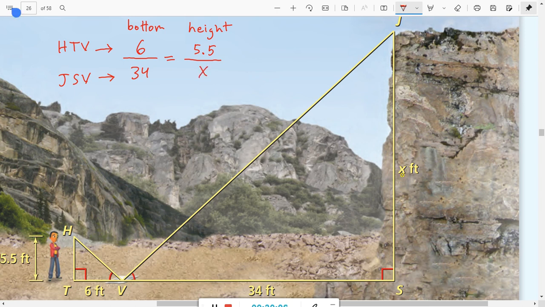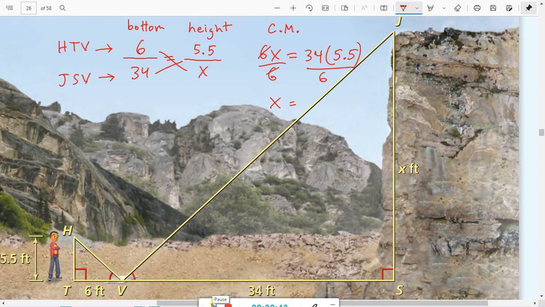Okay, so in this case, I'm going to cross multiply. Top times bottom is 6x. Bottom times top is 34 times 5.5. Okay, solving for x, you want to divide both sides by 6. All right, the 6's cancel, and I'm going to do this fraction on the calculator.